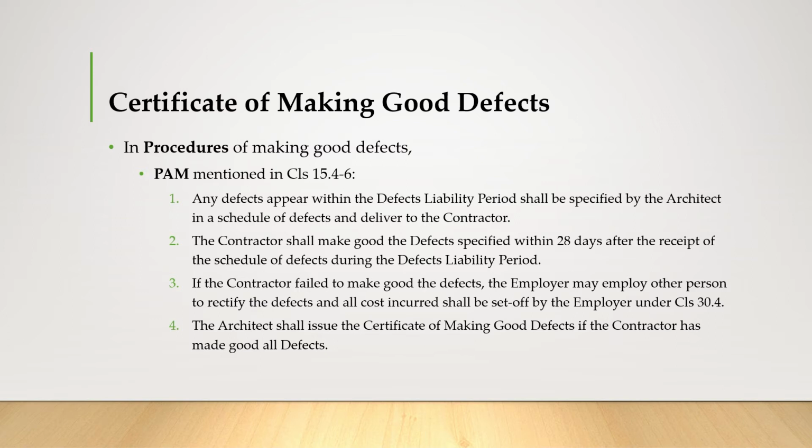Third, if the contractor fails to make good the defects, the employer may employ other persons to rectify the defects, and all costs incurred shall be set off by the employer under clause 30.4. Lastly, the architect shall issue the certificate of making good defects if the contractor has made good all defects.